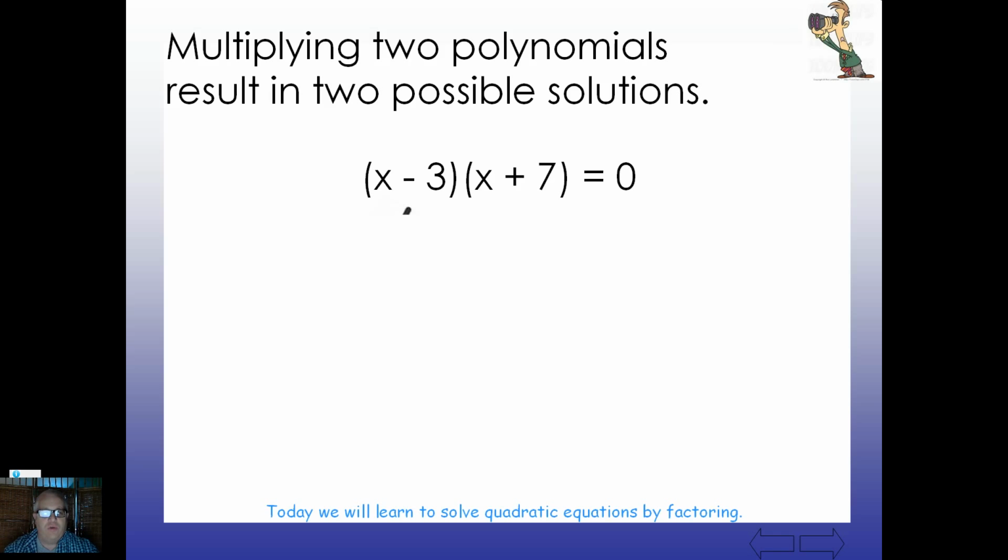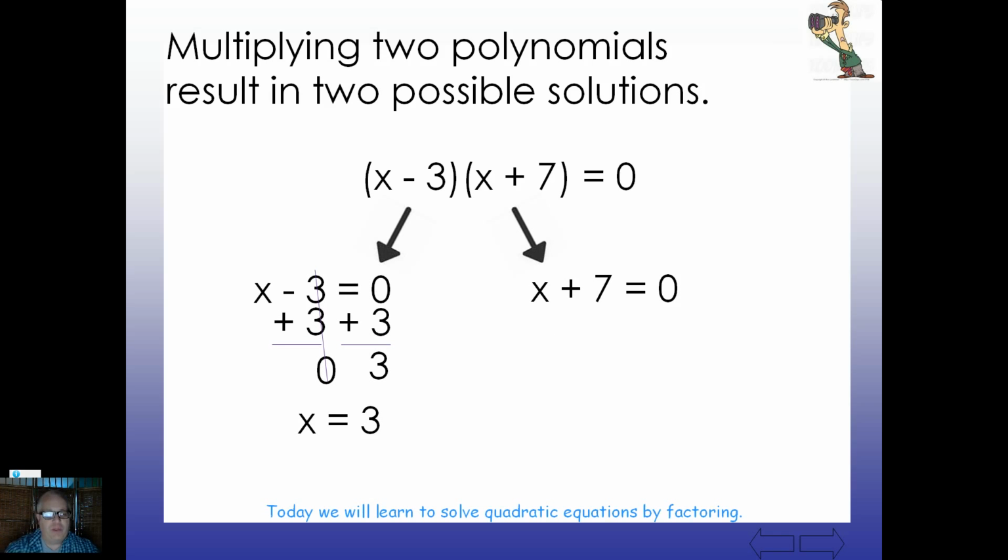So the question to you is, what value for x in the first one would make that a true statement? If we wanted to set x minus 3 to 0, let's just do some straightforward algebra, super easy, add 3 to both sides. Therefore, x must be 3 on the left, correct? What about on the right? What value for x would make that sum 0?